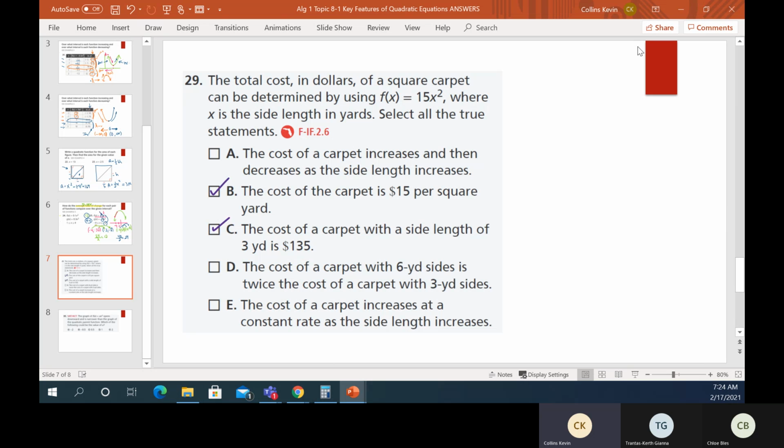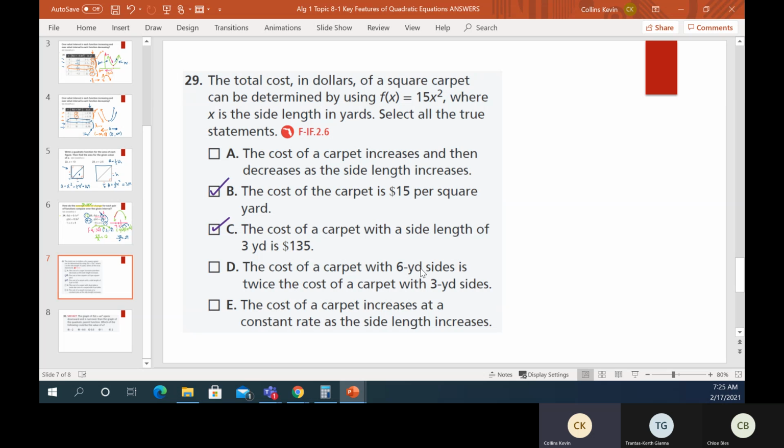So the reason for that is if it was twice the price, it would be twice the length here. Well, 3 times 3 is going to be 9 square yards. So if you had another carpet just like it, that would be 18 square yards, right? So you have one 3 by 3, and you have one right next to it 3 by 3. So that gives you 18 square yards.